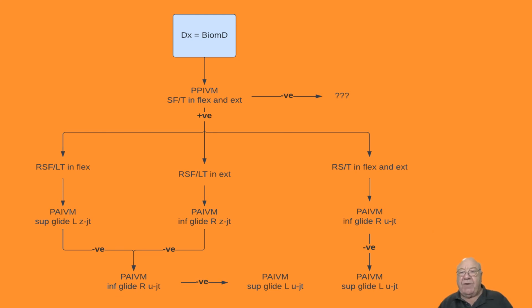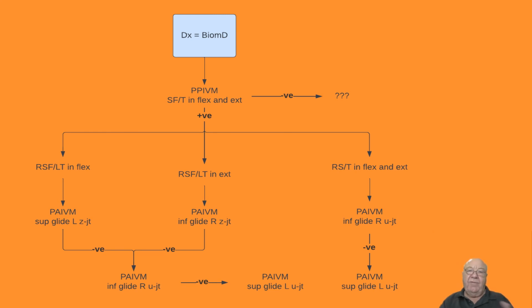If right side flexion translation is limited in flexion and extension, we move to the PAIVM of the inferior glide of the right uncovertebral joint. Again, it's usually that one that seems to be in trouble more than the contralateral one to the side bending. And then if that's negative, we'll do the PAIVM for the superior glide of the left uncovertebral joint. So this gives a sort of a framework or a system for making sure you're not missing anything with this.